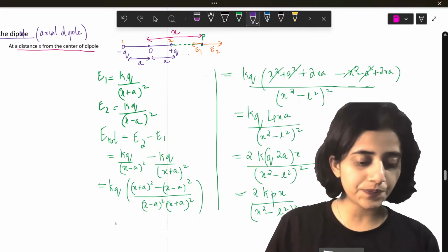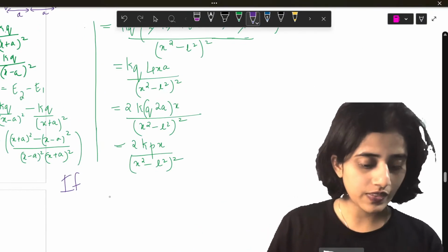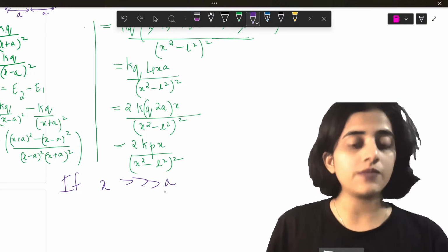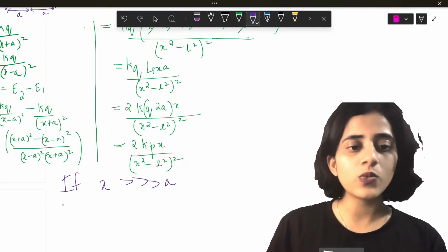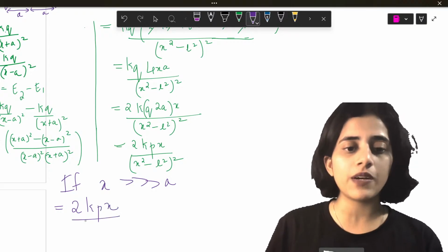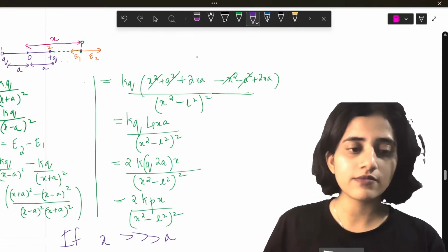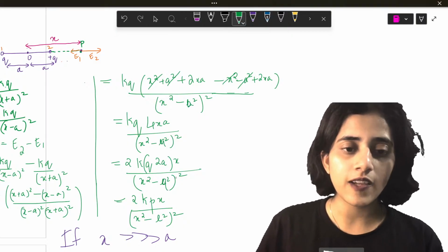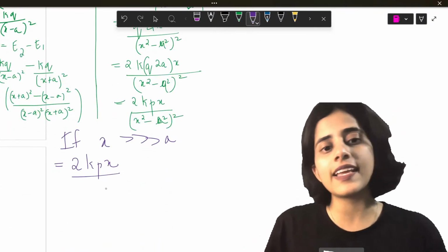Now, the next part is, if x is very, very much greater than A, which means the distance between the charges of the dipole is very small. Then what happens? Then 2kpx the whole divided by x square square, since A square will be 0.